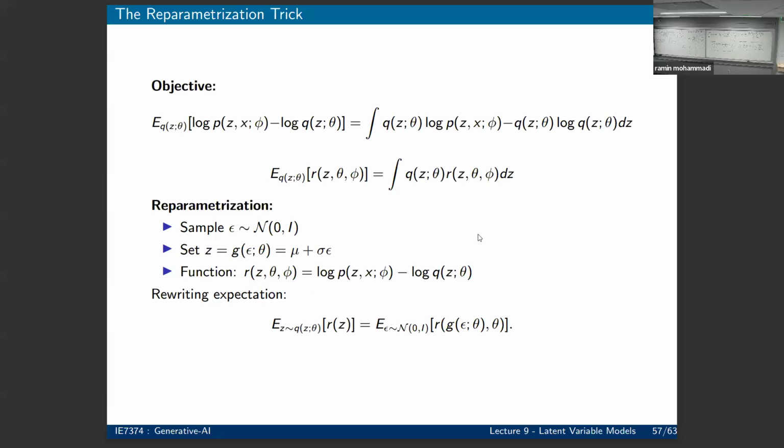So you basically rewrite the same thing just based on R and G. So this term, expectation, you might see it as this: expectation from sampling a Gaussian noise, calculating R of G, where G stands for Z. Z value comes from the G function, which comes from mu plus variance or covariance times a noise. It's just a renaming of the variables. There's nothing new added there.